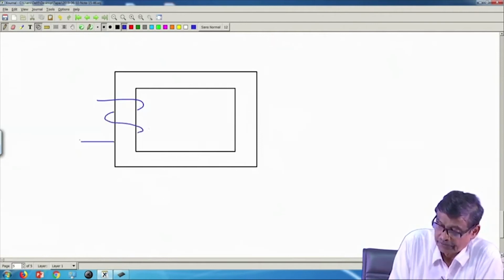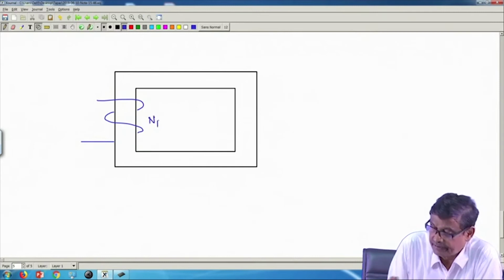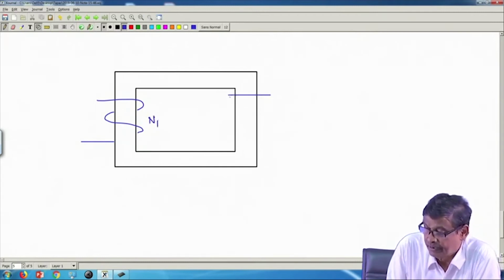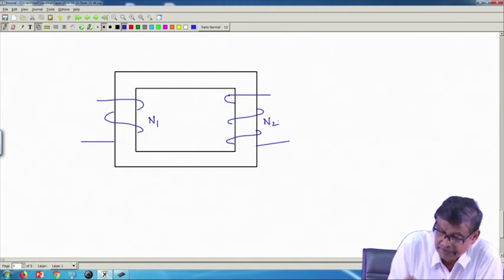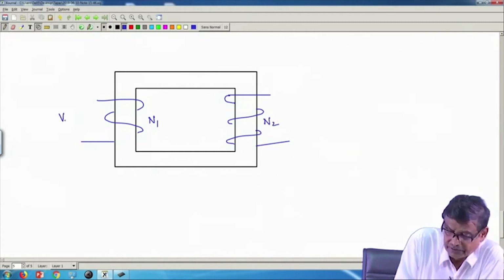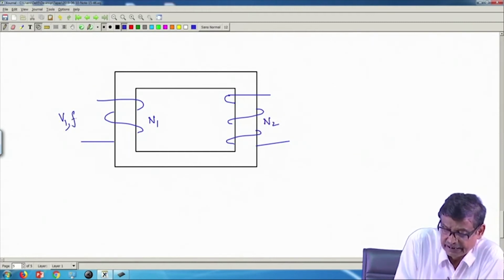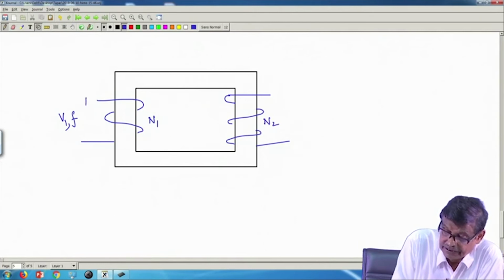This is suppose one coil having N1 turns, this is suppose another coil with N2 turns. You have applied V1 RMS voltage of frequency f, with this plus and this minus. E1 has appeared here, it will have polarity like this.